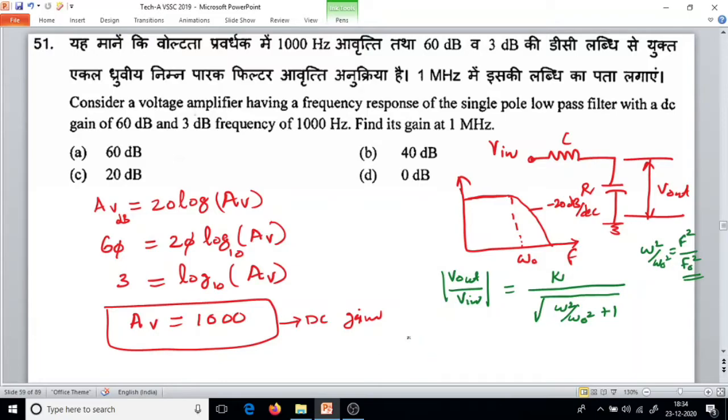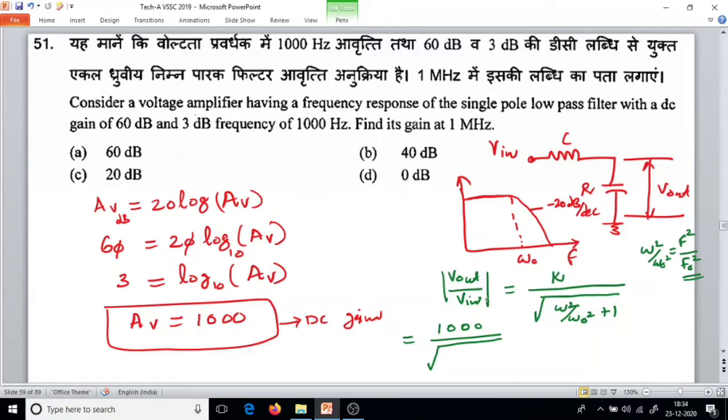Now I'll put the values. Already the DC gain we got as 1000, divided by the square root of f square by f naught square plus 1. What is f?